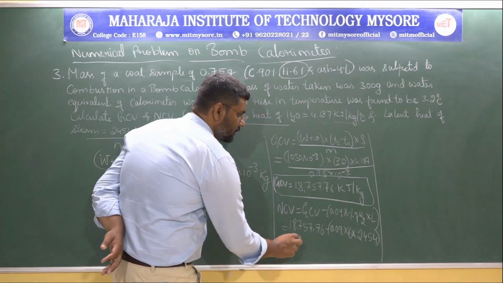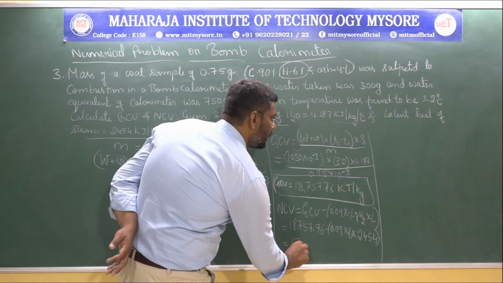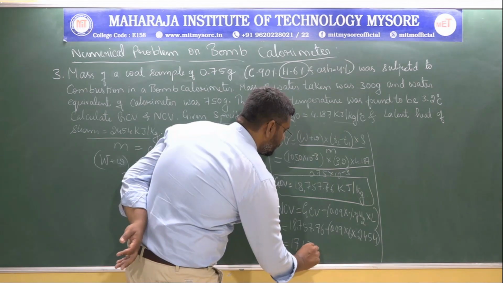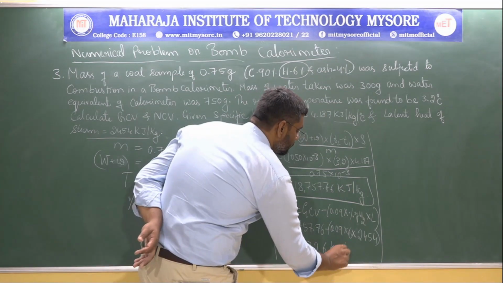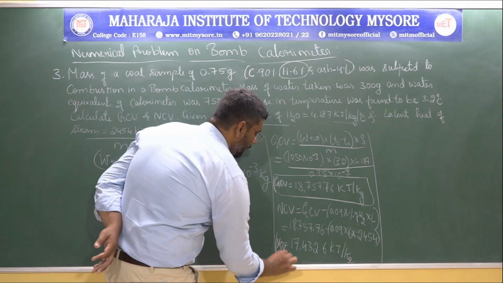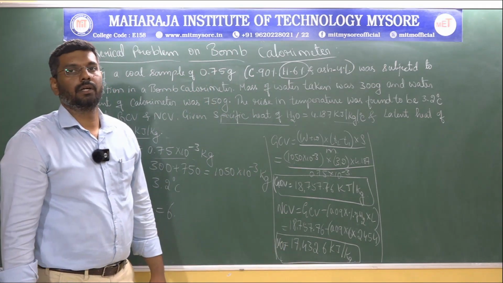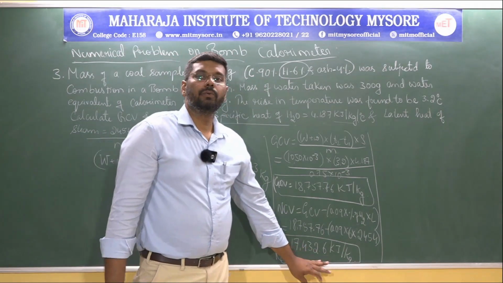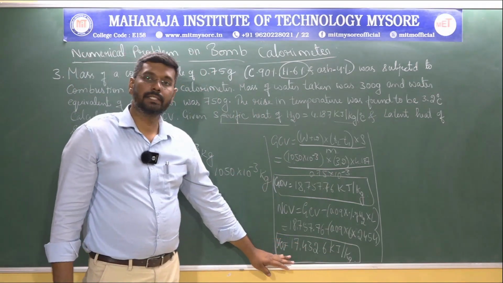If you simplify this, the final answer for NCV will be 17,432.6 kilojoules per kg. So this is NCV. Now, using this data, we have calculated GCV as well as NCV.